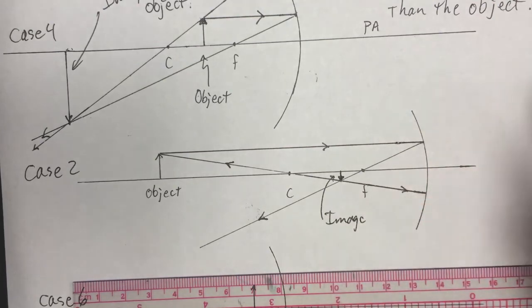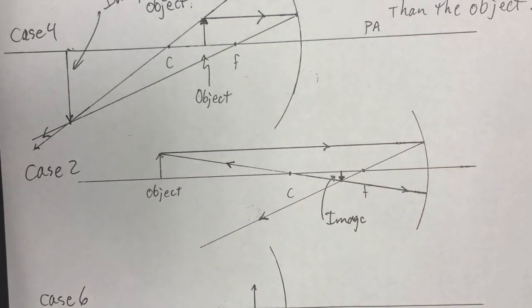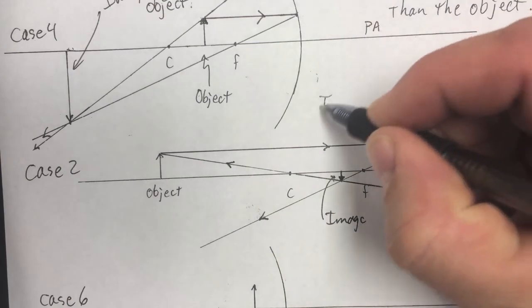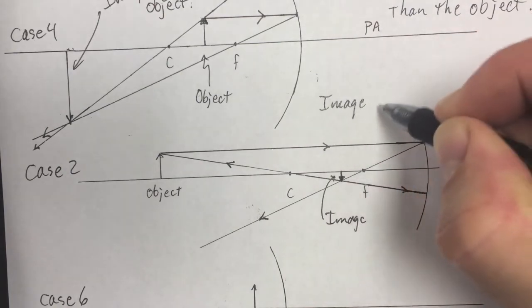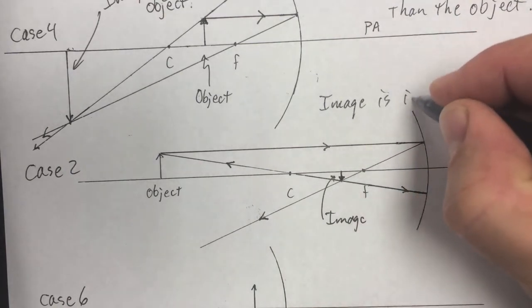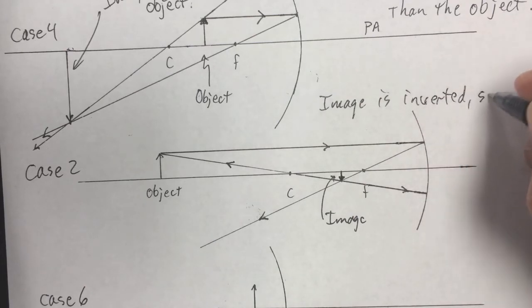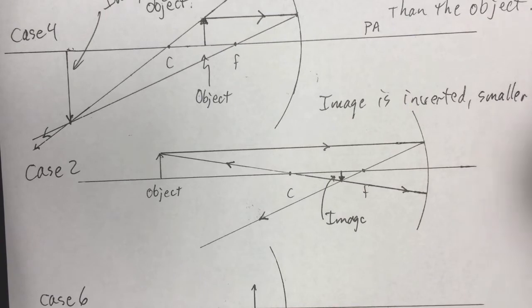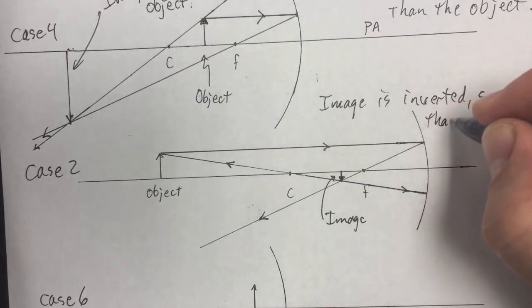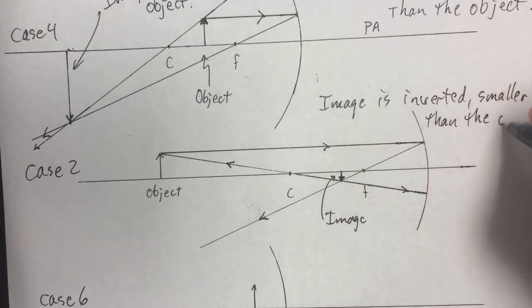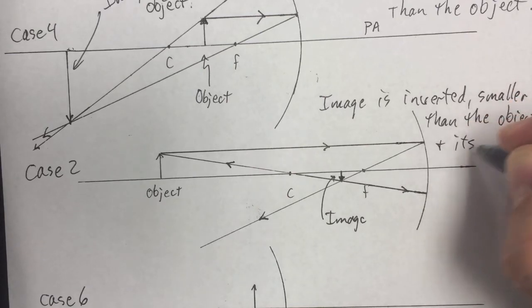And then what do we know about that image? The image is inverted, smaller than the object, and it's real.